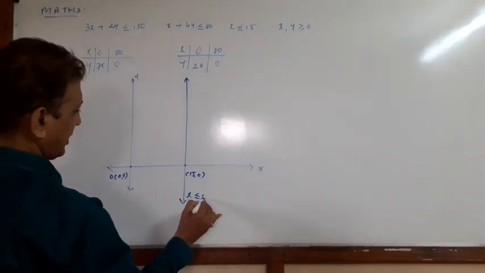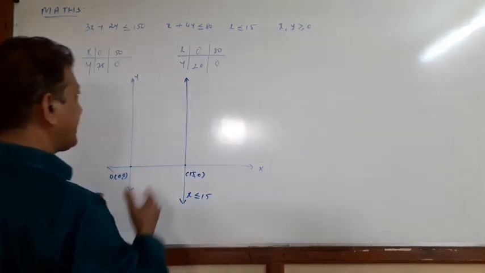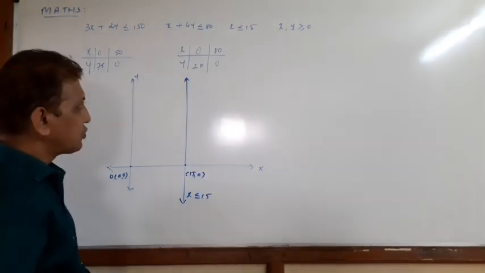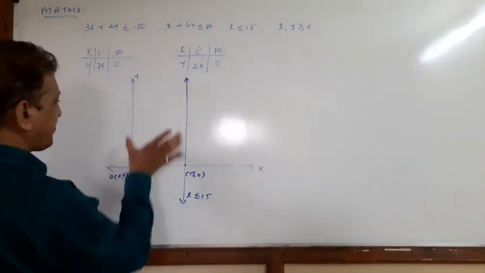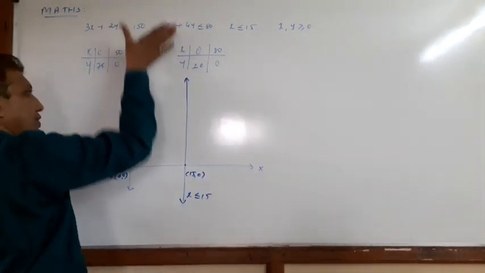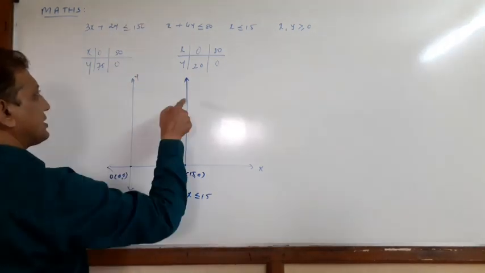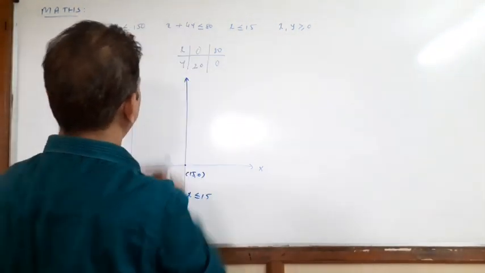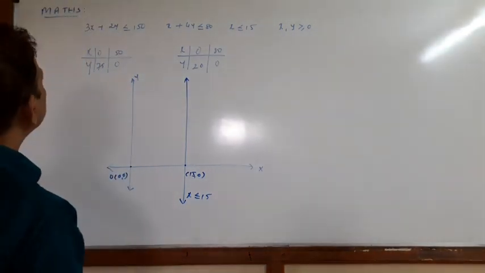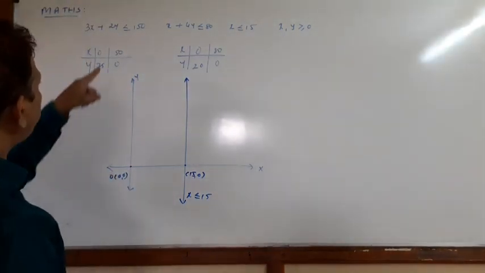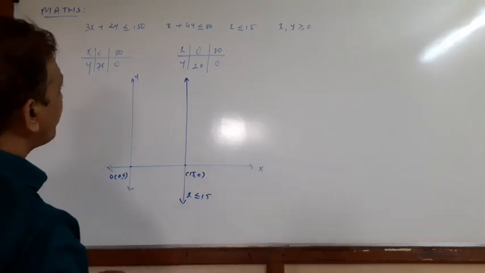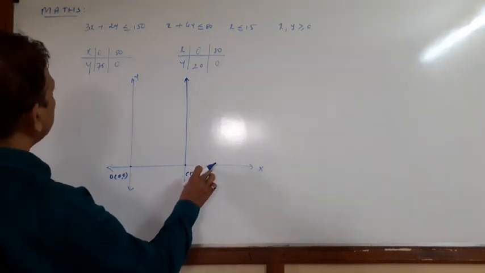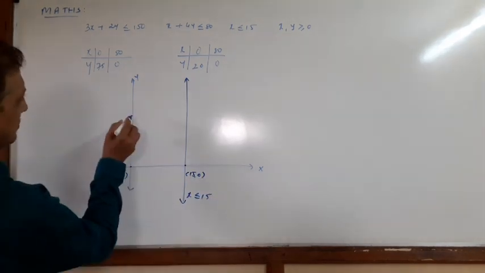X is less than or equal to 15, so the right side portion will be cancelled. In the first quadrant, you can extend the y-axis and this line also, because these two are parallel. Now (50, 0) and (0, 75).